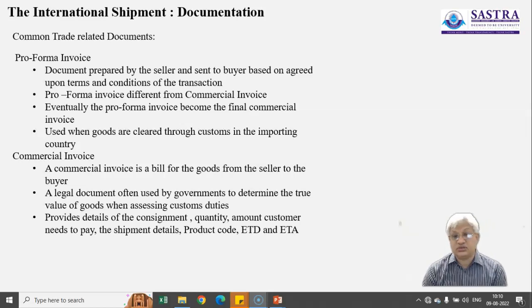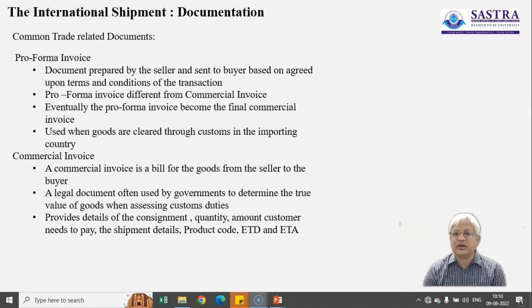These documents in original are also submitted to the bank, because in international transactions, banks play a very crucial role. However, since we are concerned with the logistics part of international trade, banking issues are not brought into the content. However, just briefly, I would like to inform you that most of the documents are routed through the bank in international trade.